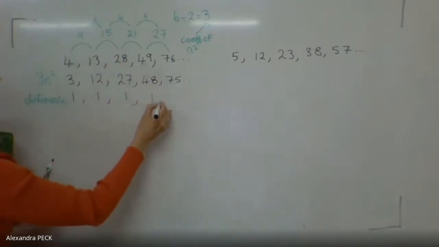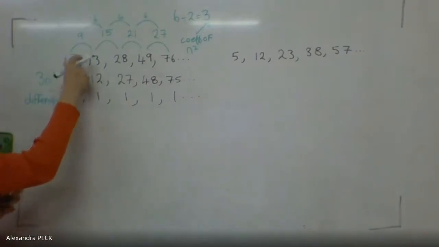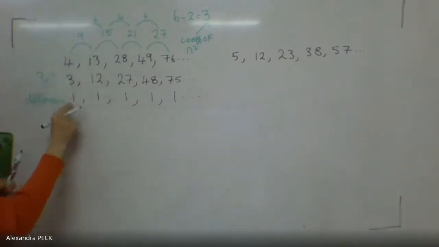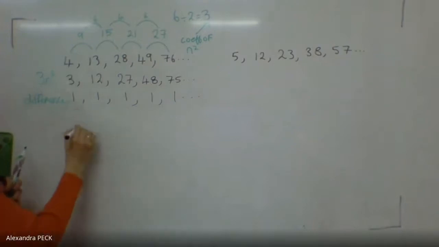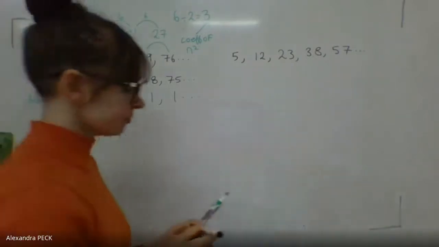And I can see that my difference is 1 every time. So that tells me that this sequence up here is the 3n squared sequence with 1 added to it. So that gives me a final sequence of 3n squared plus 1.